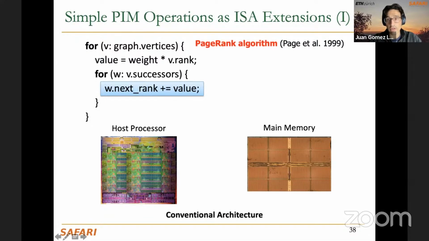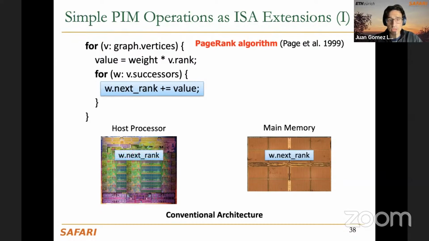That was kind of a seminal work that proposed extending memory with very simple compute units that can execute individual instructions that are especially memory bound, especially memory intense, and require a lot of bandwidth consumption. We talked about the example of the PageRank algorithm, where, remember, the memory accesses are typically very random, while the computation itself is very lightweight, right?